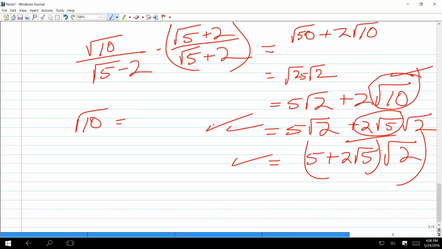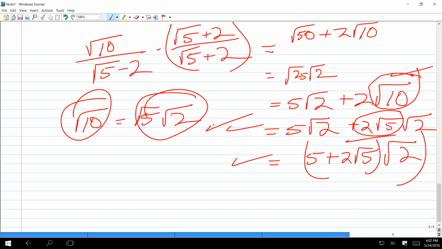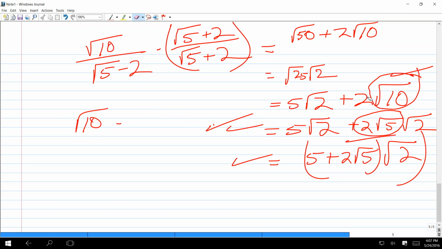I'm never going to do this unless I have a good reason. That's simplified. That's one term there. This is two terms, and they're both still radicals. So it's rare that I'm going to do this, only in this particular problem because I have some number of root 2's already in the problem.